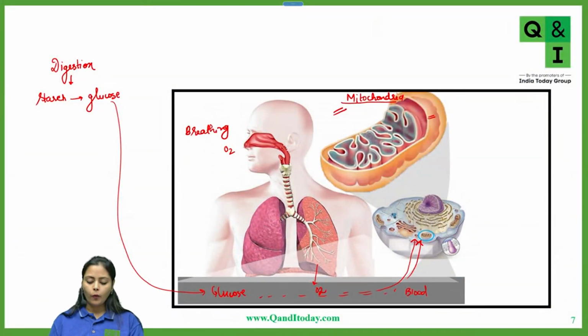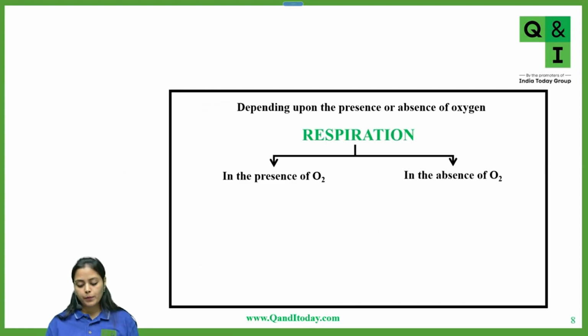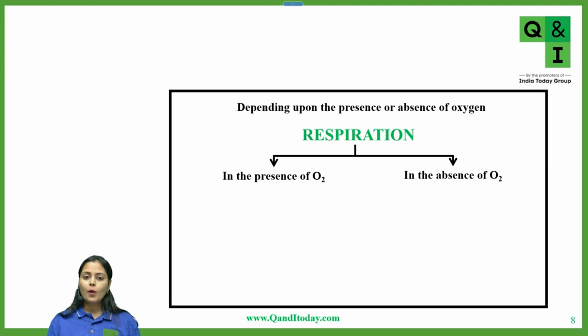Now, depending upon the presence or absence of oxygen, respiration is of two types. Once your food has reached the various cells of the body, it is also a possibility that oxygen might not be entering in the required amounts.